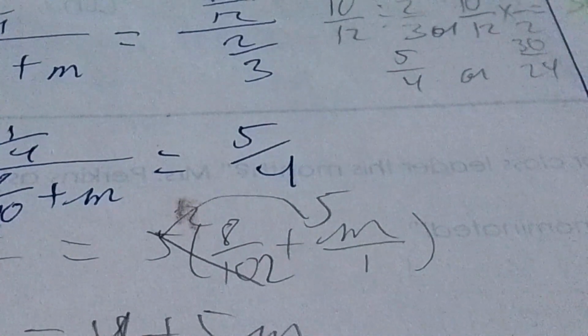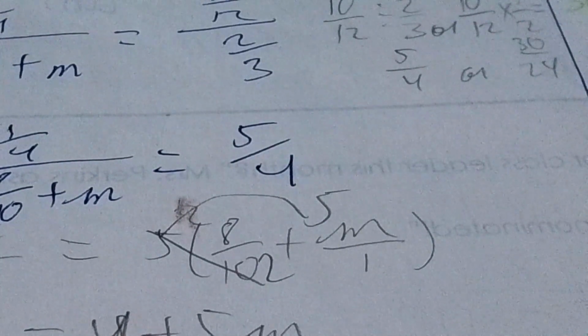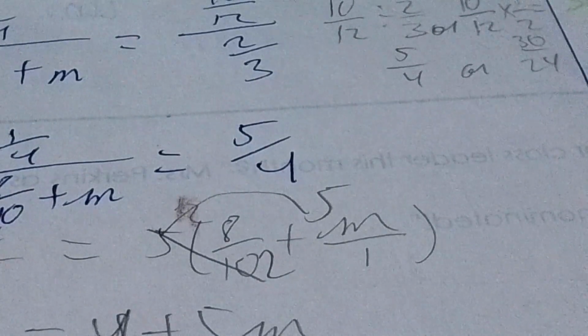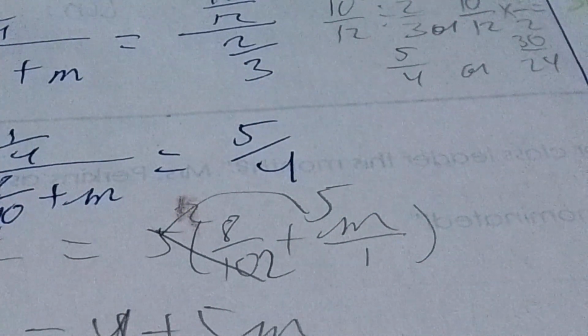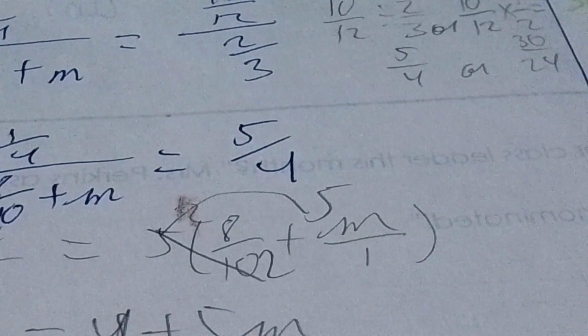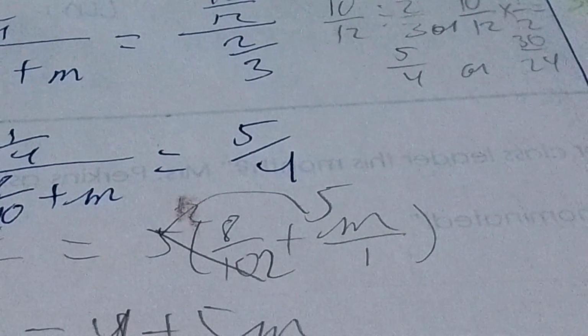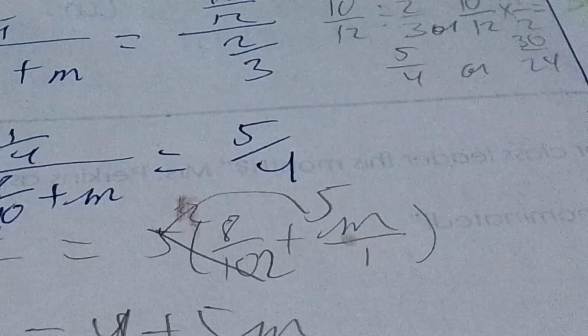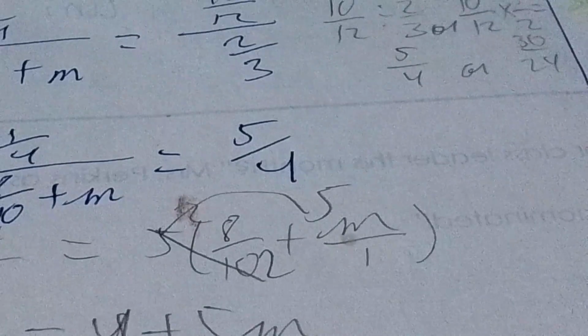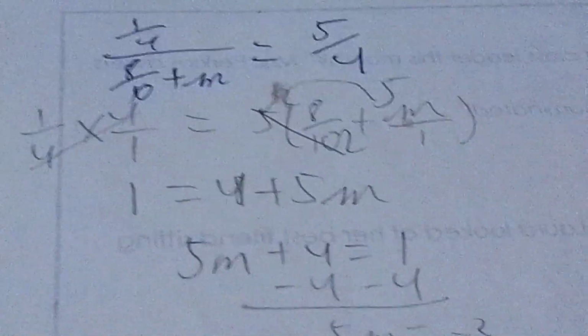On the other hand, I have 5 times 8 over 10. The 5 and 8 over 10, I just distribute. 5 times 8 over 10 becomes 40 over 10. So 5 and 10 cancel, and this becomes 8 over 2, then 5m. So I'm just left with something like this.